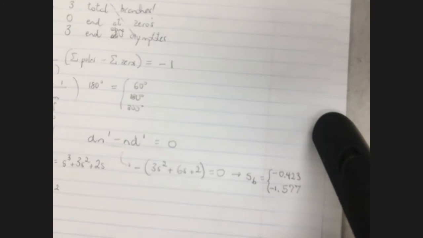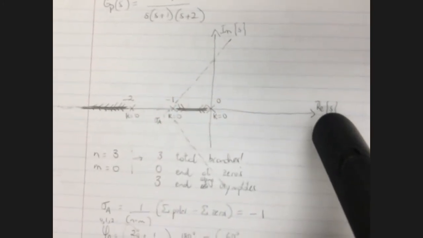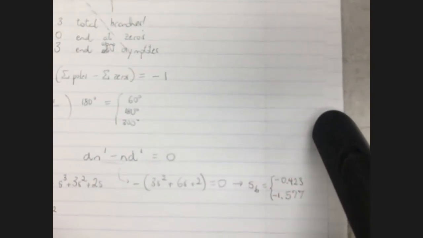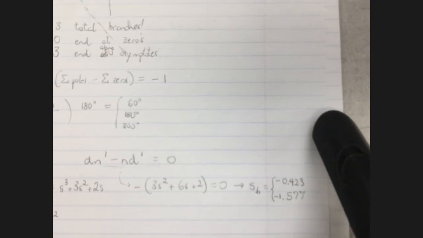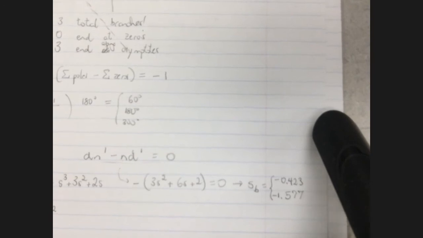All right, so that's 2 solutions, but we only have 1 breakaway point. So what do you guys think? Which one is it going to be? Is there a true one and a phony one there? Just type real quick into the chat, which one is the actual one of these two.